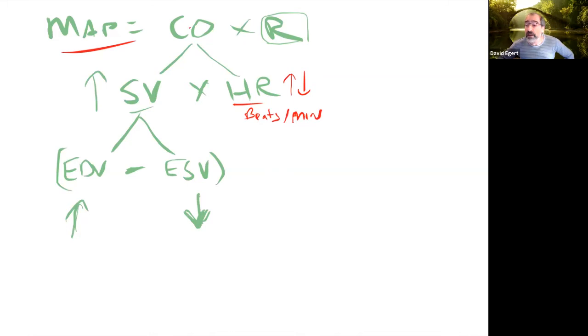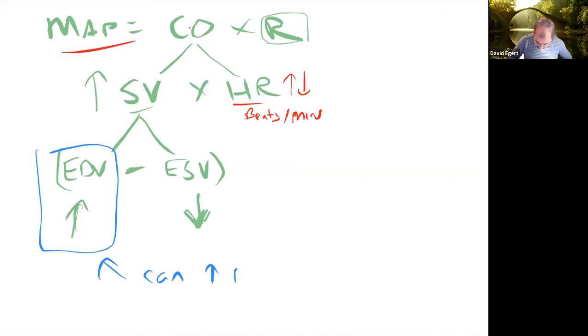So let's talk about how that works. We can increase the end diastolic volume by increasing what we call venous return.